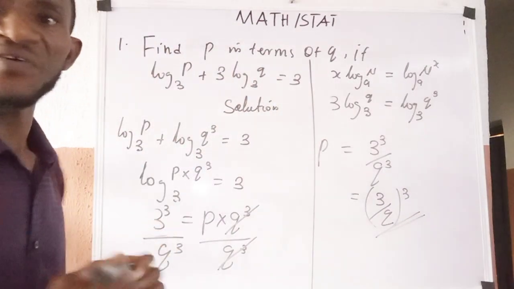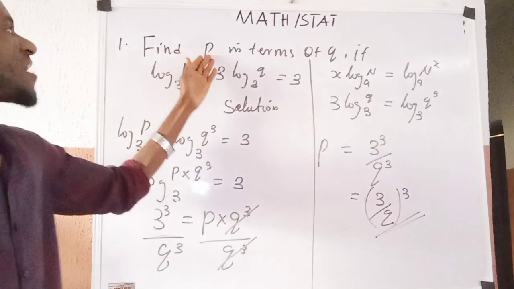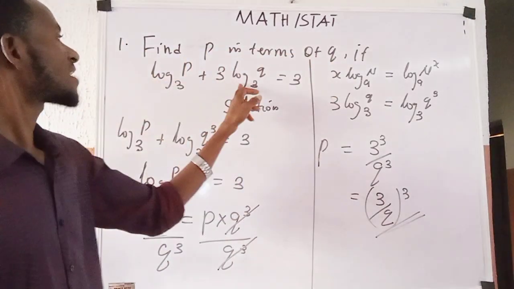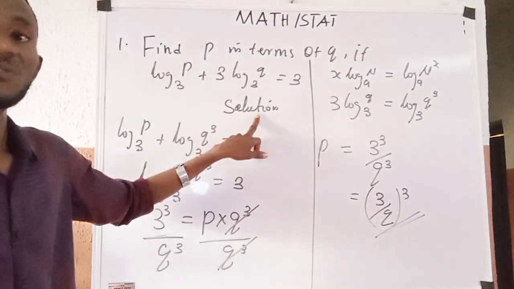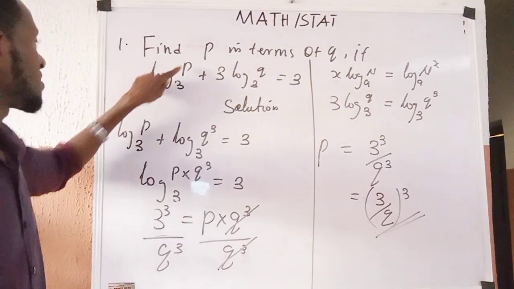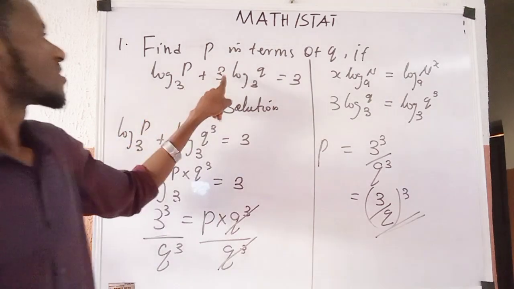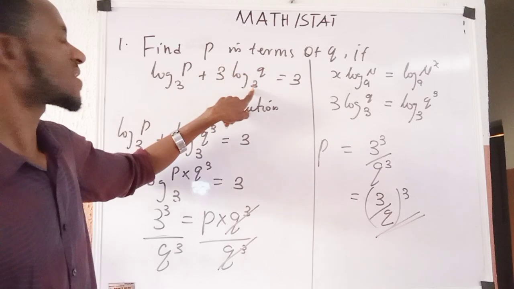Thank you very much for giving us an audience. What did we do here? They asked us to find P in terms of Q if this expression equals 3. We say as a way of solution, we write log of P base 3 here. We now came here, where we have 3 log Q base 3.